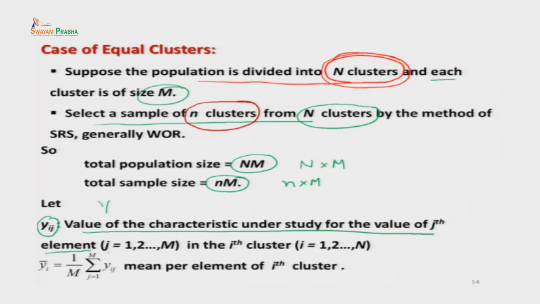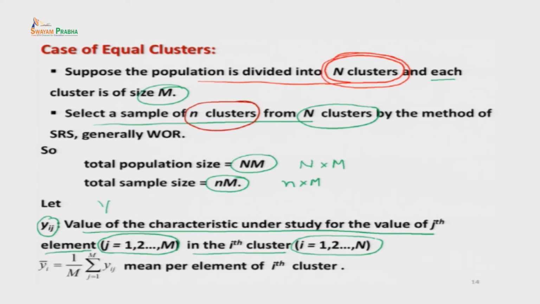So j will go from 1 to capital M. These are the units within the clusters, and this is happening in the ith cluster. So there are capital N clusters, so i will go from 1 to capital N. And suppose I try to find out the mean of all the units inside the cluster.